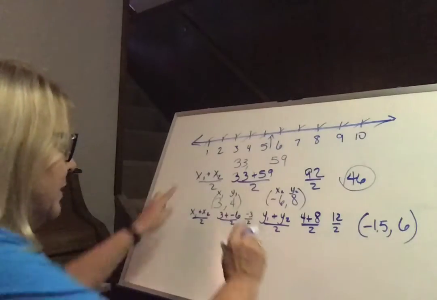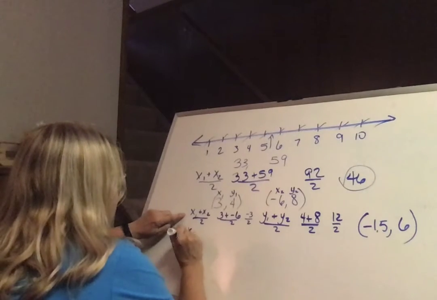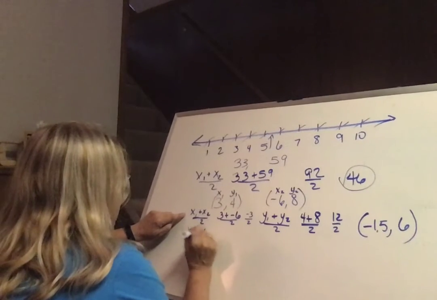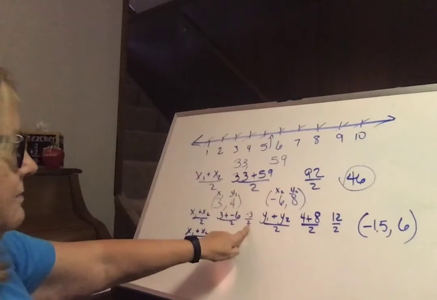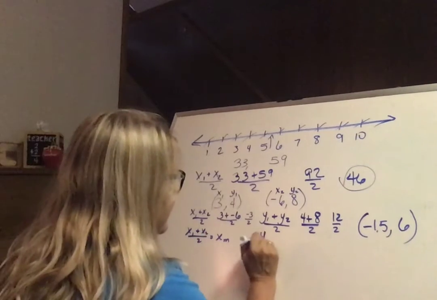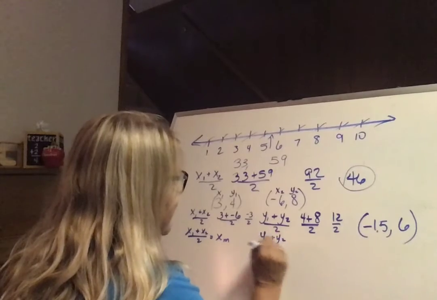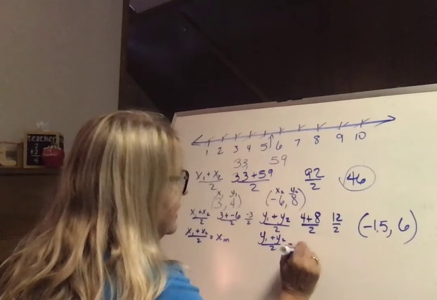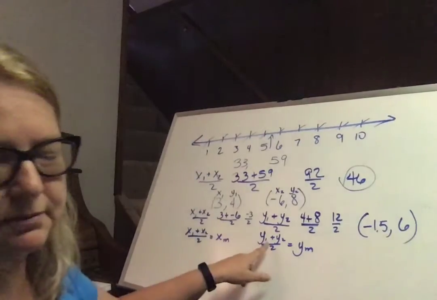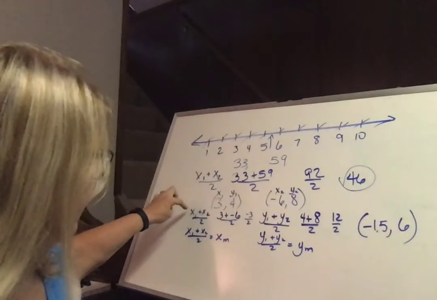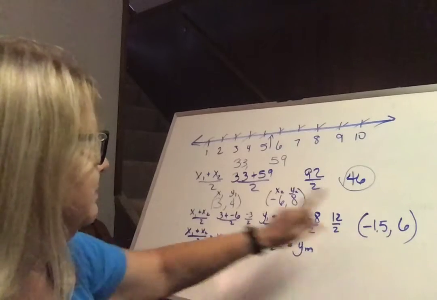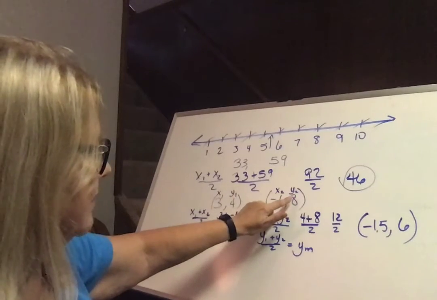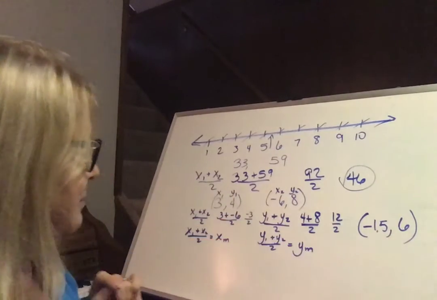It's the same formula. x1 plus x2 divided by 2 gives you the x in the middle, and y1 plus y2 divided by 2 gives you the y in the middle.